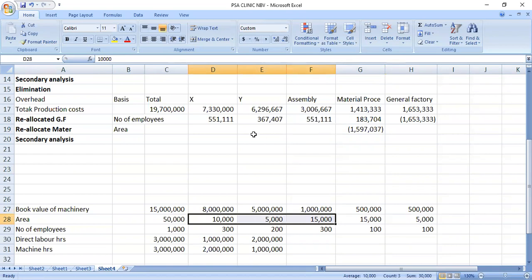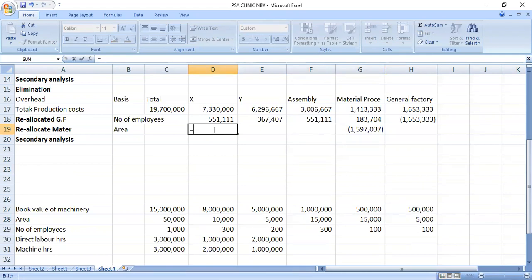Okay, hence we shall have, for X, it is 10,000 divided by 30,000 times what we're giving away, now 1.5. Then for Y it is 5,000 divided by 30,000 times what we're giving away, which is 1.5.